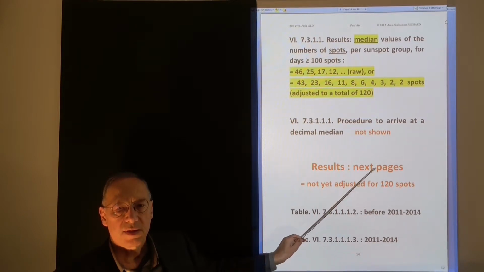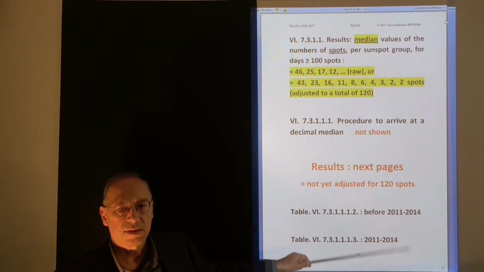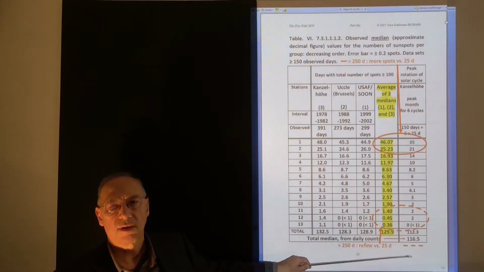In the next pages, we will show the results not yet adjusted, first for the 3 regular standard cycles, and then for the last one, which is anomalously low.